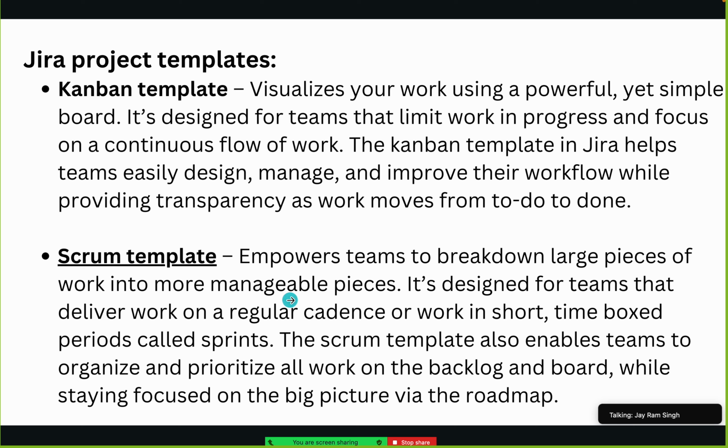And if the team is following agile methodology, in that case our template should be Scrum, right? So that we can prioritize our task list. We can create intervals of certain goals that need to be achieved, right?